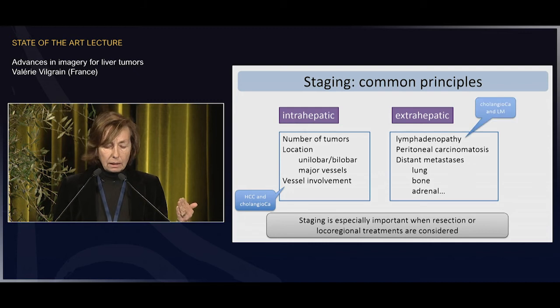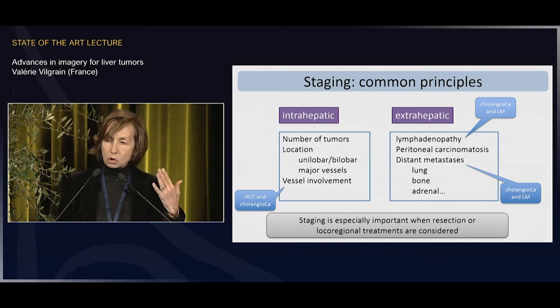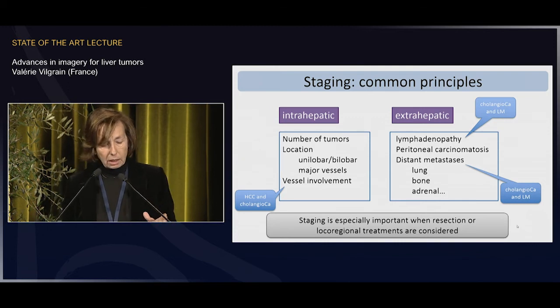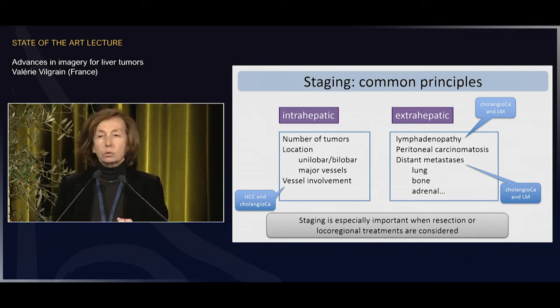And again, lymphadenopathy and distant metastases are much more important and much more common in patients with cholangiocarcinoma and liver mets. I want to stress that staging is especially important if we deal with resection or locoregional treatment.